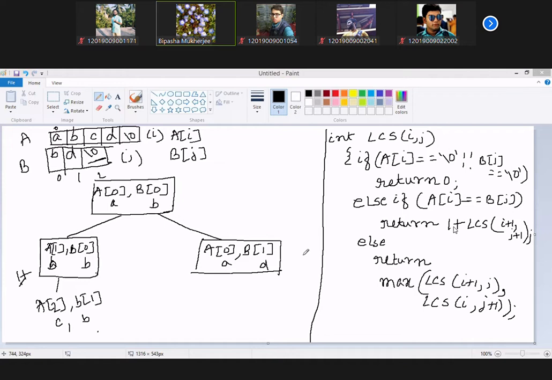So if it goes this way, that means the tree will grow in an exponential manner. Now, the tree indicates how many times the function is getting called. So that incurs the time, that incurs the space complexity, that incurs more time complexity. The time complexity will go in an exponential manner. And that's definitely not desirable.